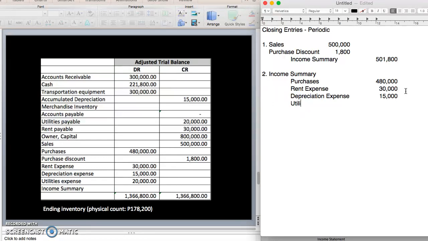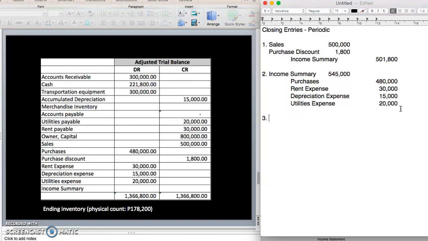And utilities expense, 20,000. All in all, that will be 545,000. And then next step will be the third step.